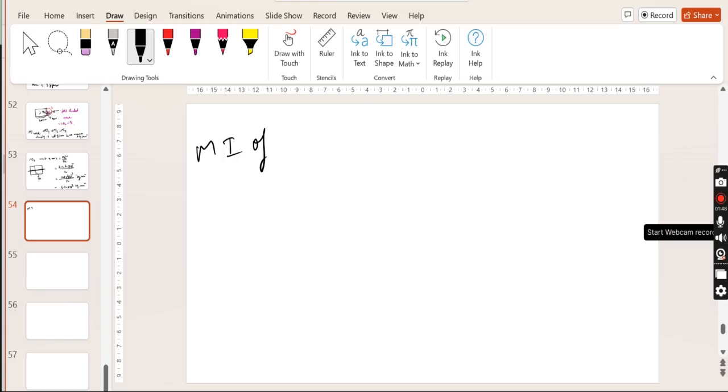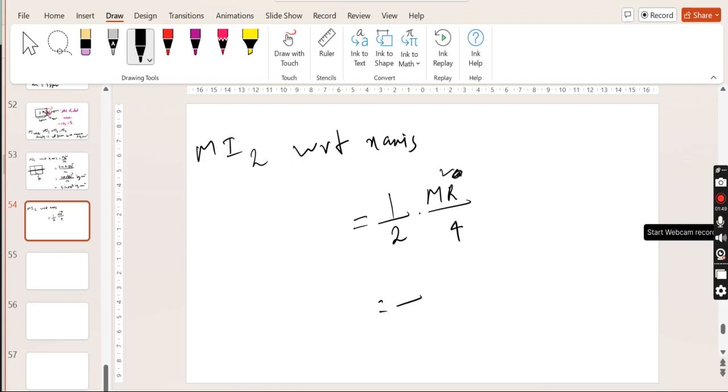The moment of inertia of 2 with respect to the x-axis: that is half of a plate, so that will be m r square by 4, where m is 1 into pi r square.